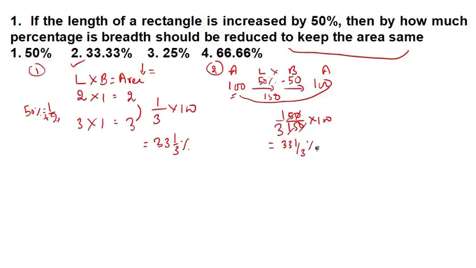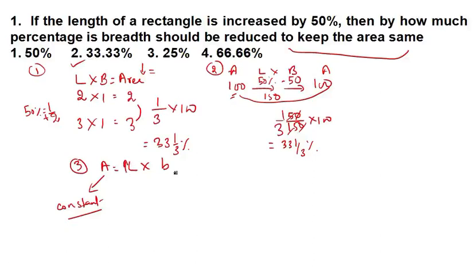Understood? Now I'll tell you one more method. Just look at it. Area is equal to length into breadth. And it is written that the area is constant. Now just think, if the area has to be constant, but in the question it is mentioned that the length got increased.